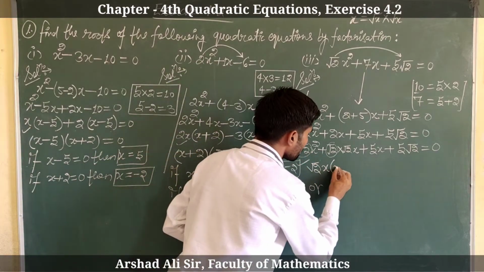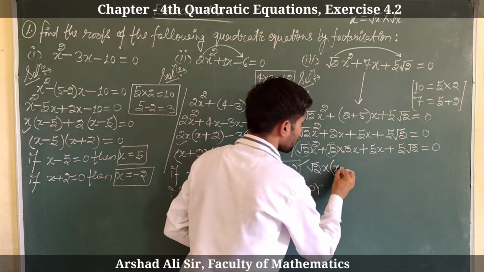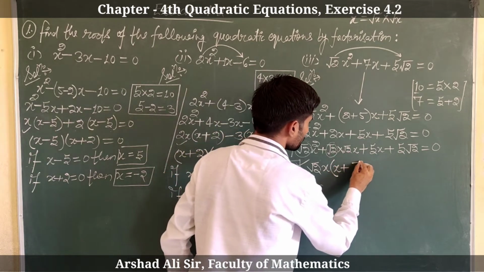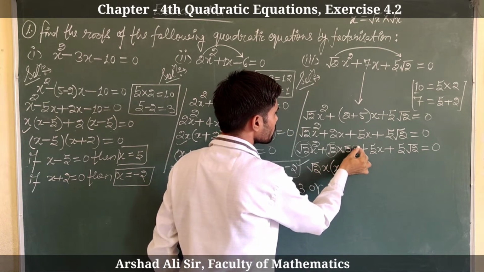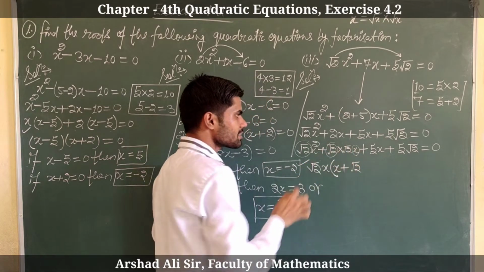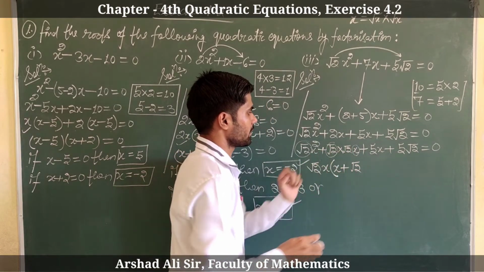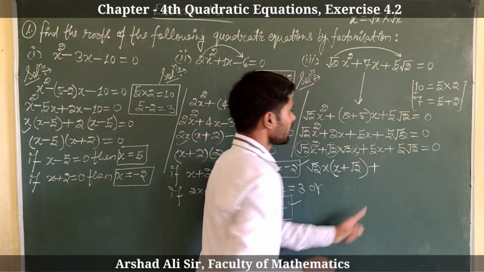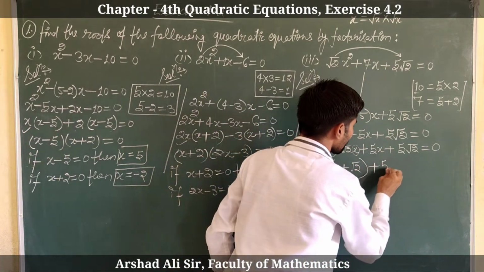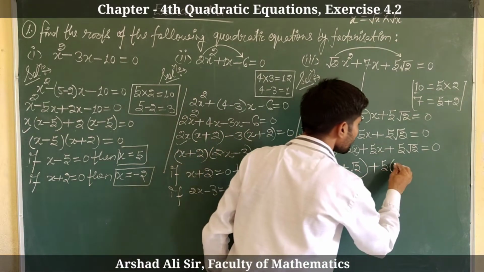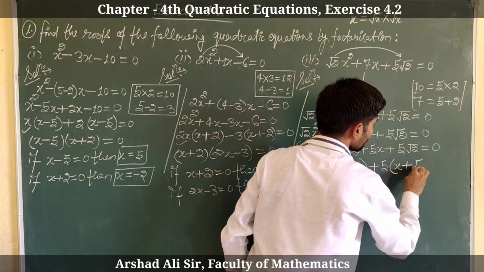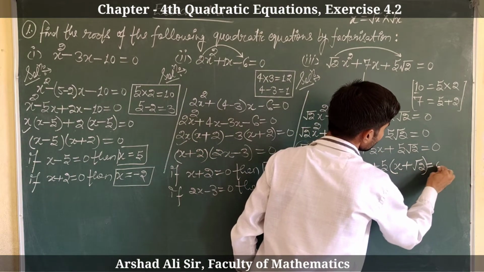Now here x will remain plus here root 2 will remain, because we have taken root 2 and x as common. Root 2 will remain. Here we can take 5 as a common. After taking 5 as a common, here we get x plus root 2 is equal to 0.